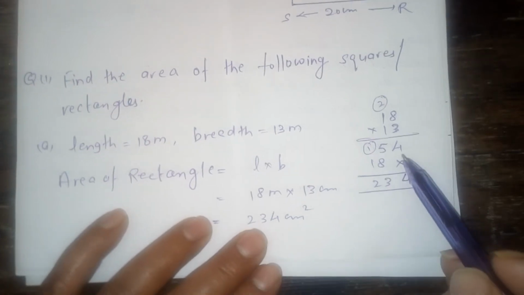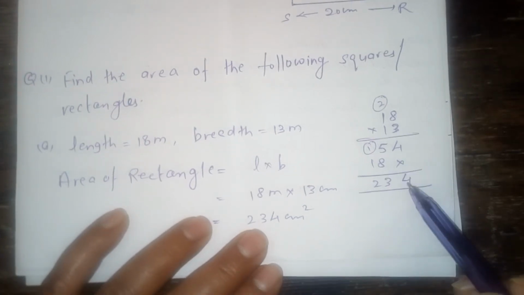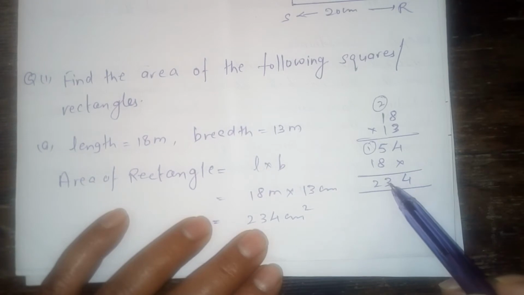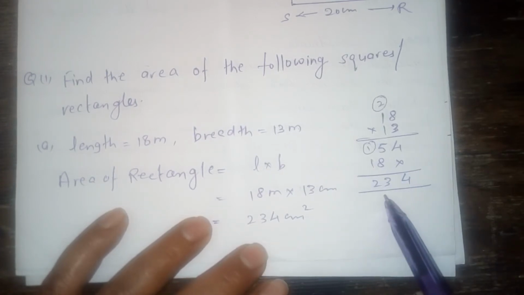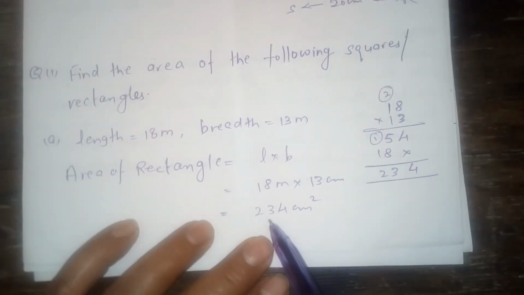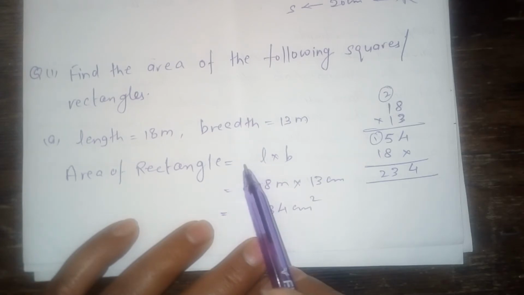After adding, 4 plus 0 gives 4, 5 plus 8 is 13, this is 3, carry over is 1, 1 plus 1 is 2. The answer is 234. 234 square meter is the area of the rectangle.